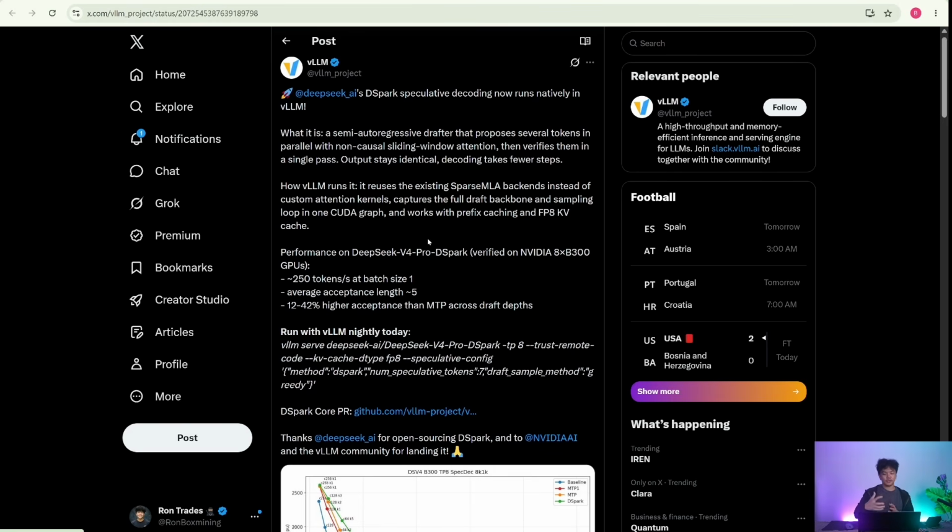And for developers and builders, this means 2 things, right? 1, you have more viable open options than ever for production coding workflows. And 2, if you're running your own infrastructure, the inference optimization story is just as important as the model quality story, because a 1.5x or a 2x speed improvement changes your unit economics quite drastically.